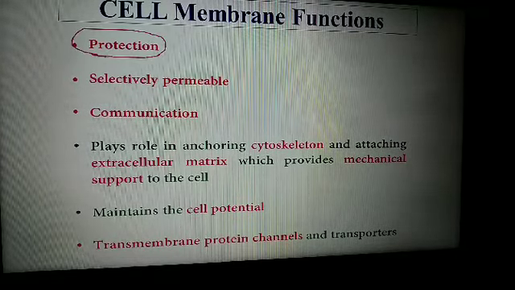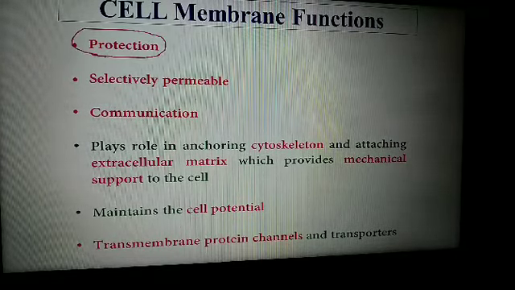As we have seen, the carbohydrate component of the cell membrane helps in communication and also allows cells to recognize each other. So the cell membrane also plays an important role in communication. Another function is that it plays a crucial role in anchoring the cytoskeleton and attaching the extracellular matrix. Meaning, the cell membrane also provides mechanical support to the cell.